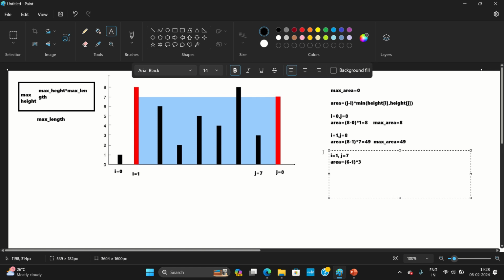So 5 into 3, that is 15, and it is not greater than the previous maximum area, therefore max area stays 49. Fine. Similarly, again among these, who is lesser? J is having a lesser height, so J tries to find a better height by moving one step backward. So J is equal to 6.